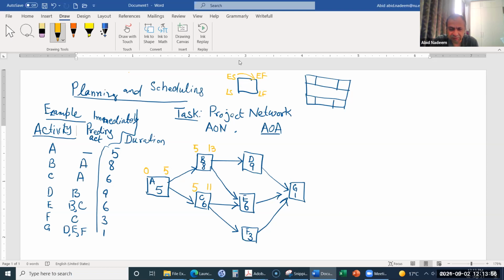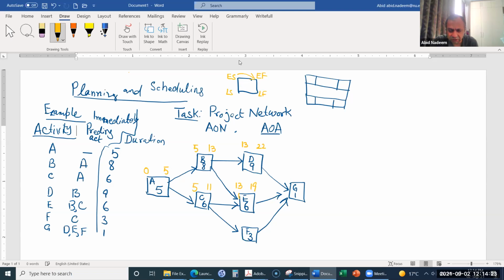Next is activity D. For activity D, it should be 13 over here, right? And 13 plus 9 is 22. For activity E, can you tell me what the value will be? 13. Yes, 13, and 13 plus 6 will be 19.